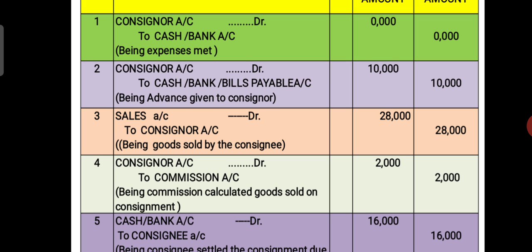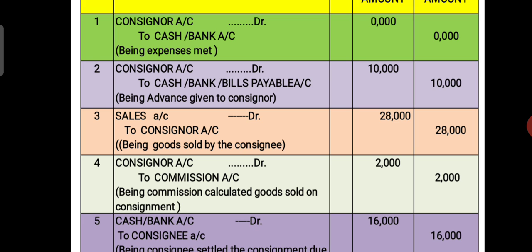Next entry, when we accepted bills receivable, we write the second entry. Consignor account debit to bills payable account. For the consignor, they are bills receivable; for us, the same bills are bills payable. So consignor account debit to bills payable account 10,000, being advance given to consignor.